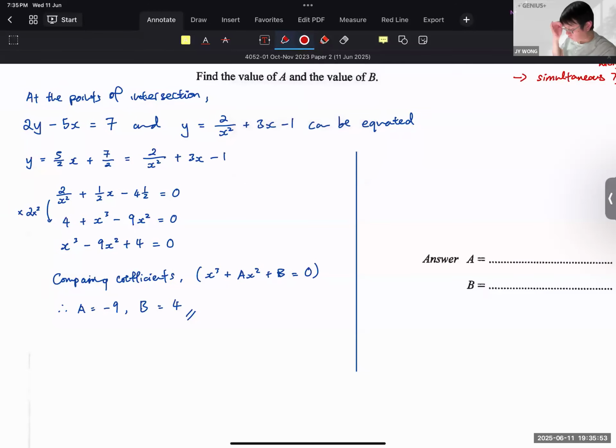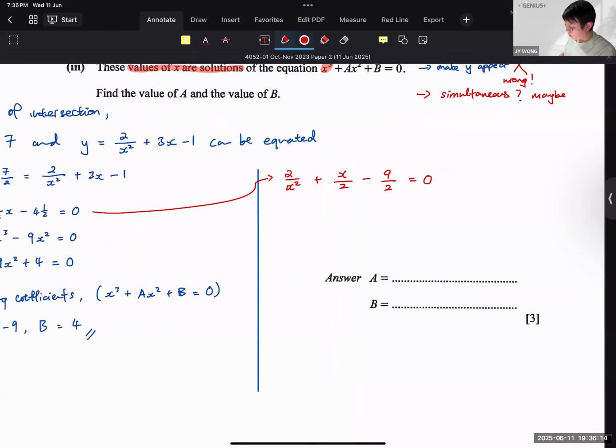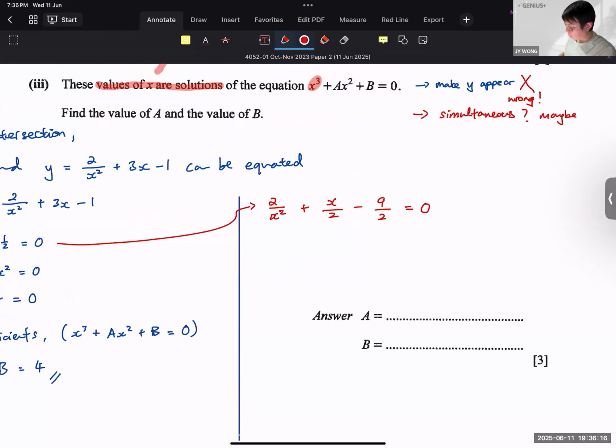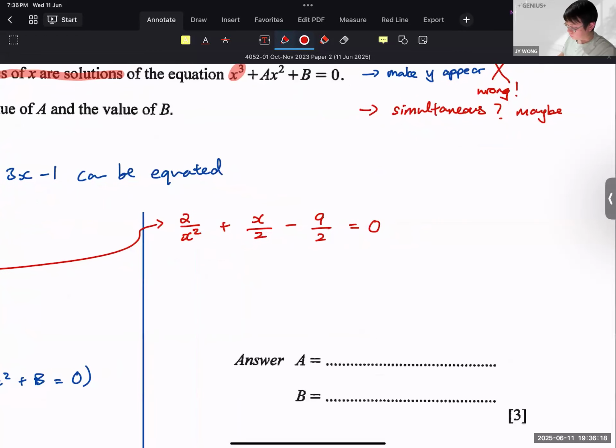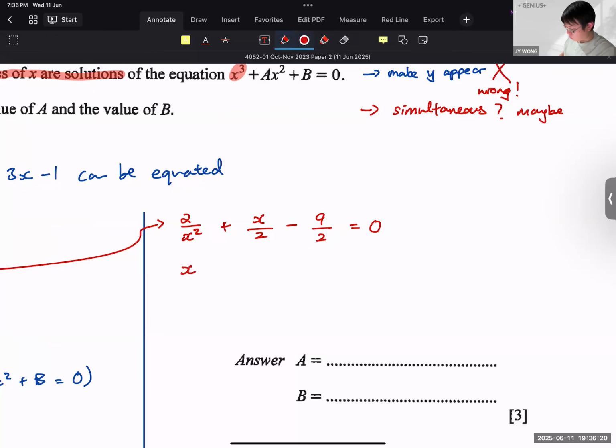All right, the alternative is the same logic, except that I equate them. I will now have 2 over x squared plus x over 2 minus 9 over 4, or 9 over 2, equals 0, right? So I look at the equation that I'm comparing against. What do I need to do? My x cubed plus ax squared plus b equals 0.